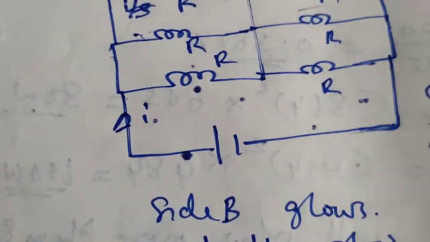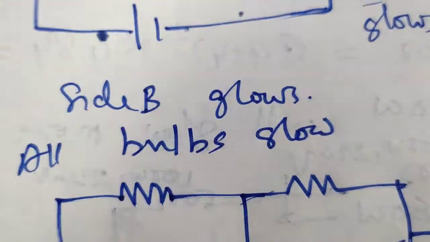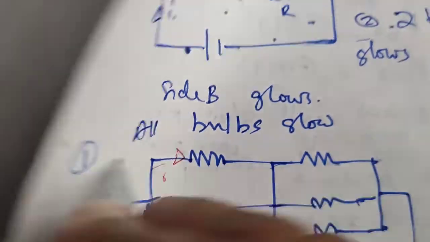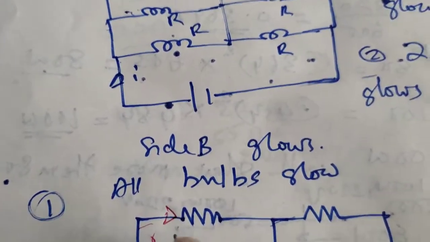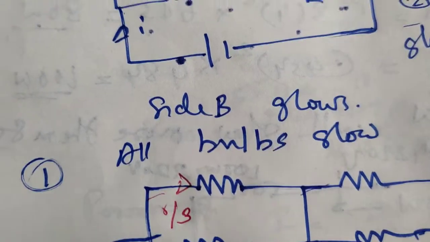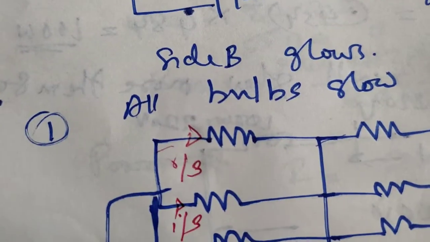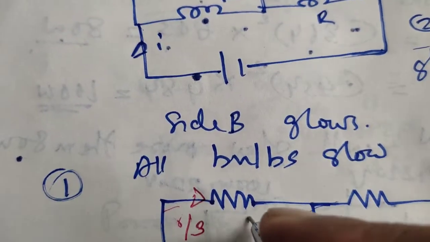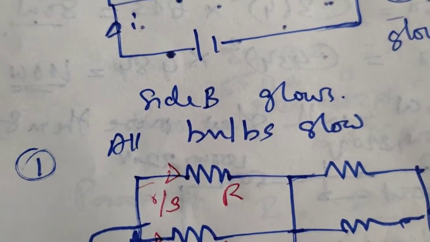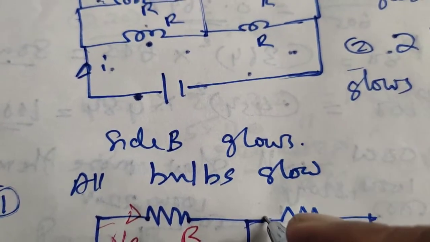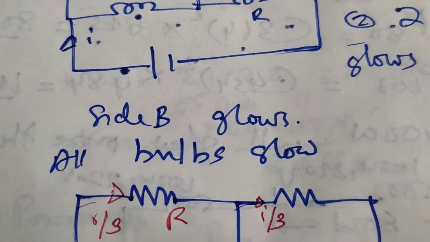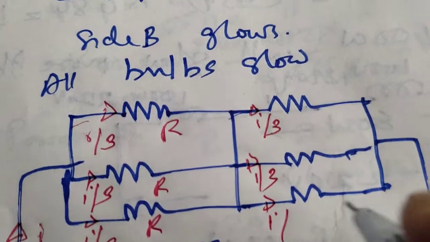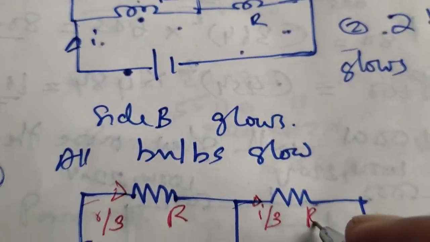Here you can see the current I is going and it is divided by 3, I by 3, since it's a parallel circuit with each resistance R. Here also there will be I by 3, I by 3, I by 3.